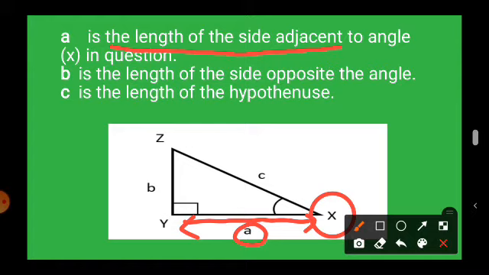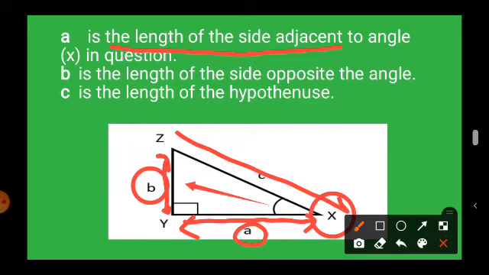Because B is in the opposite direction to the angle x, this B is the opposite side of the angle. And lastly is the C, which is the hypotenuse. We already know that the hypotenuse is the longest side of the triangle.